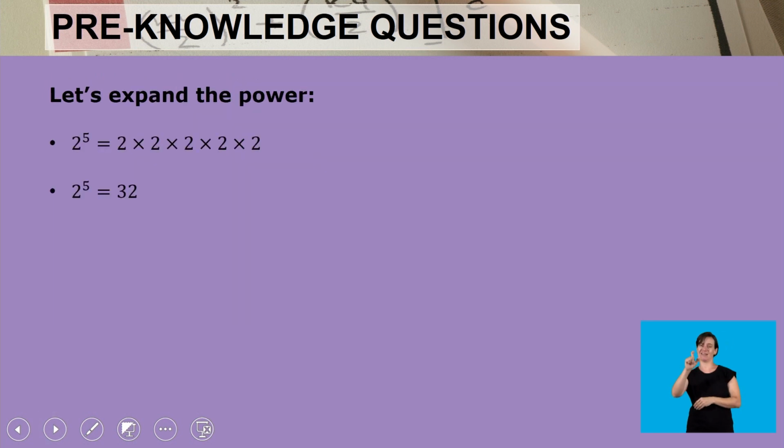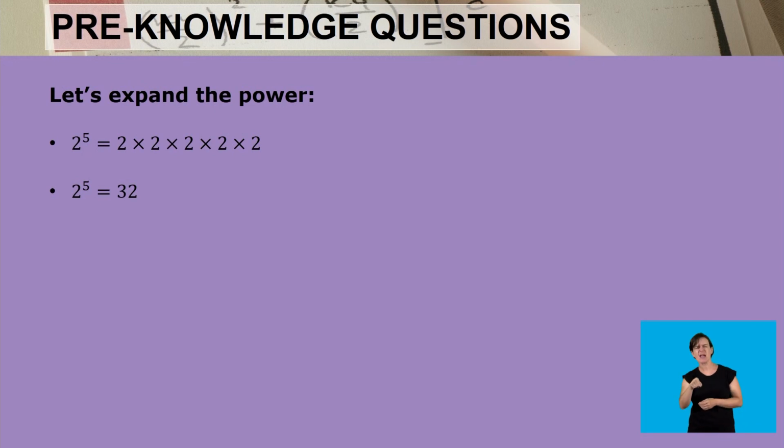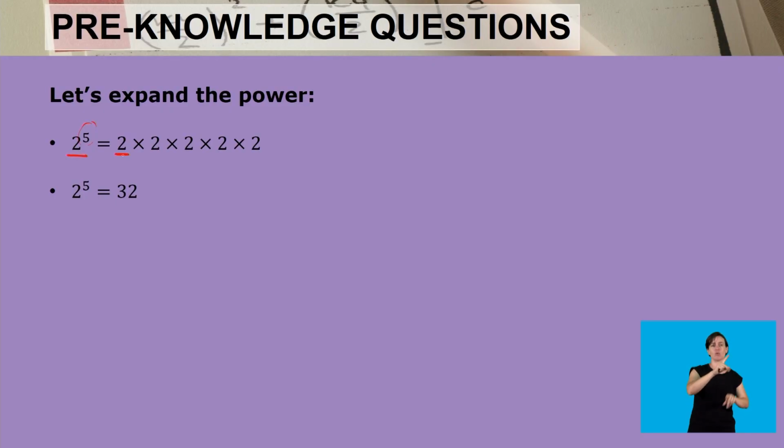Let's go on to expanding our powers. Remember, when we are expanding our powers, we have the example we just looked at, 2 exponent 5. What does this mean? This means that our base 2 will be expanded 5 times. So we have 2 multiplied by 2 multiplied by 2 multiplied by 2 multiplied by 2.